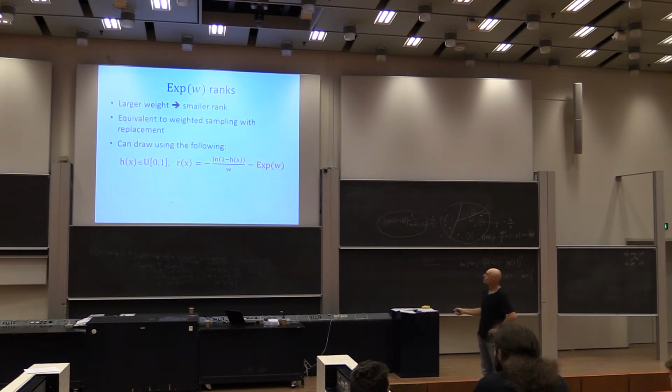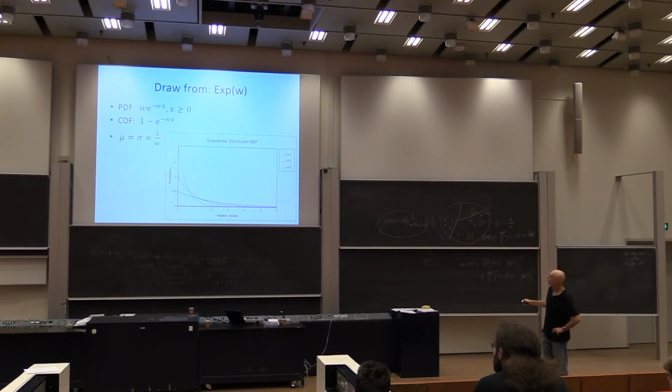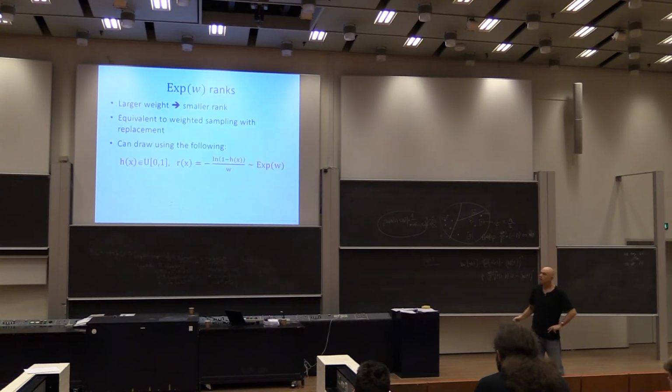Also here, a larger weight is more likely to get a smaller rank, because if you have a larger weight, your exponential distribution is going to go much steeper down. And you actually can show that using these exponential ranks is equivalent to doing weighted sampling without replacement.